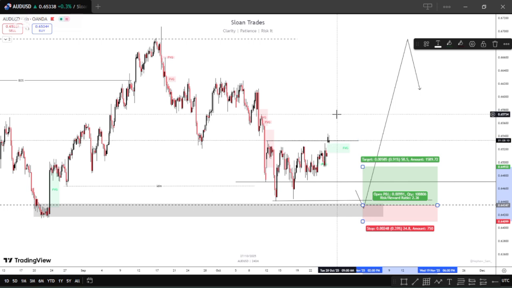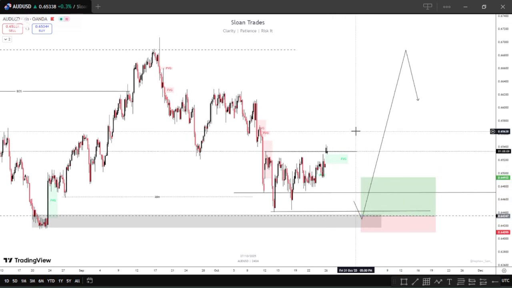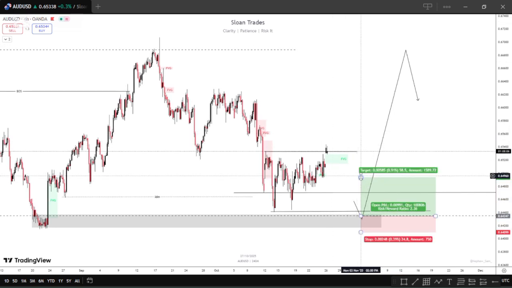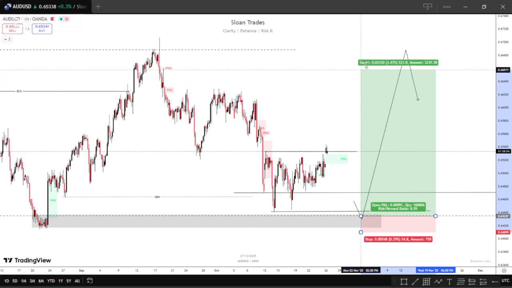Actually, it's going to be a swing trade because this is a 4-hour time frame I'm taking my entry from, so it's going to be a long-term trade. Yeah, that's obviously a 10-hour trade.